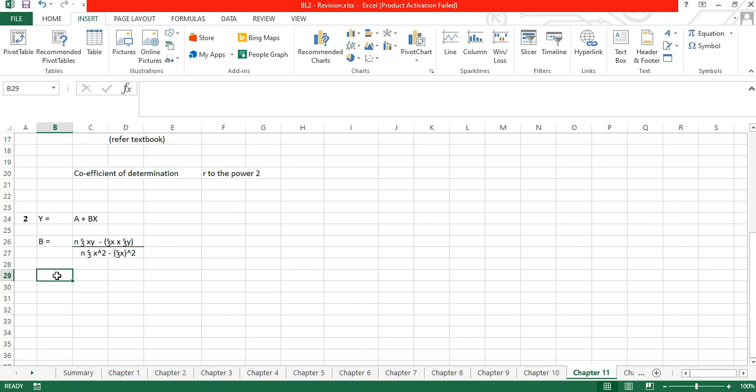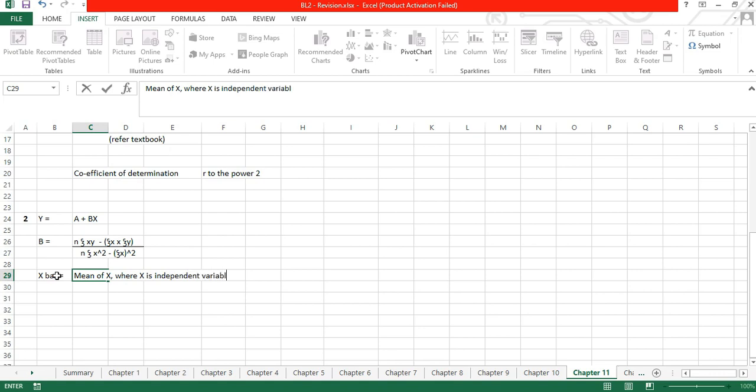And then x bar means mean of x, where x is the independent variable. Y bar is the mean of y, where y is the dependent variable.